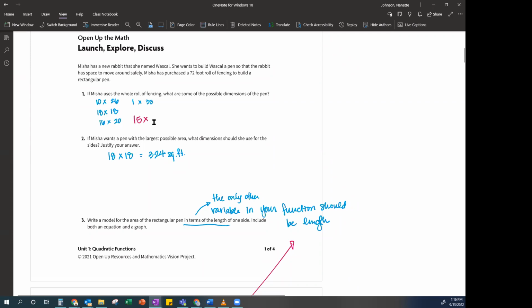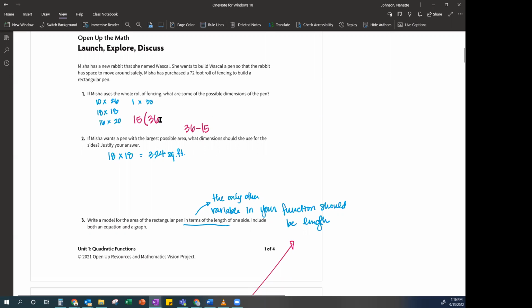Nathan says, Ms. Johnson, it would be 36 minus 15. And if you look, that's exactly how I got this 35. I did 36 minus 16. So it's just 36 minus 15. And I'm literally going to write it like this because I like how he wrote it. Okay, so I'm going to write it like that.